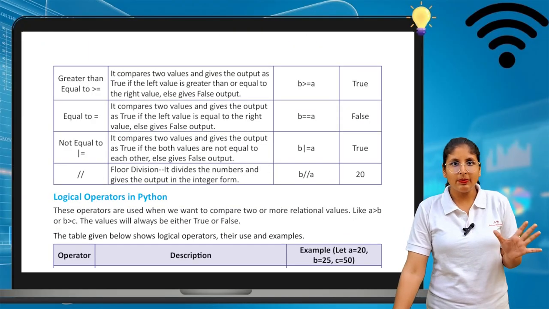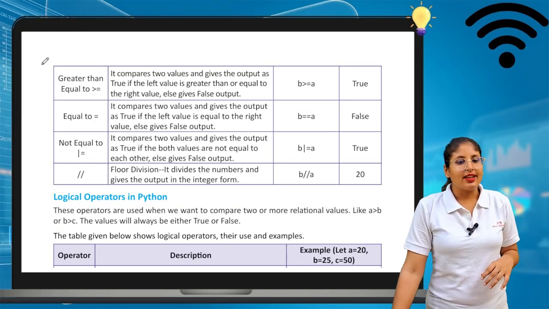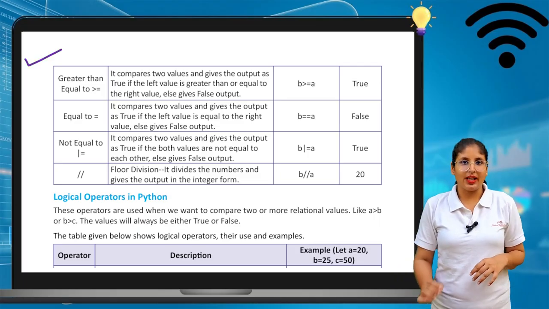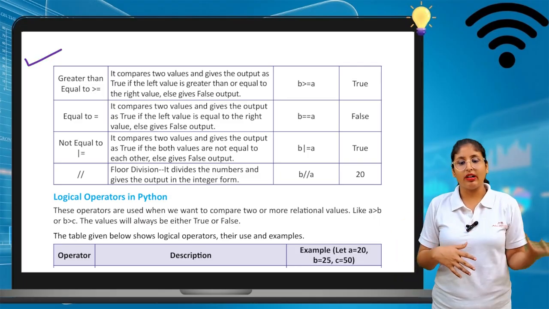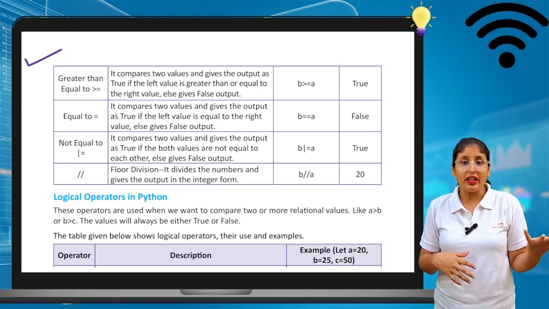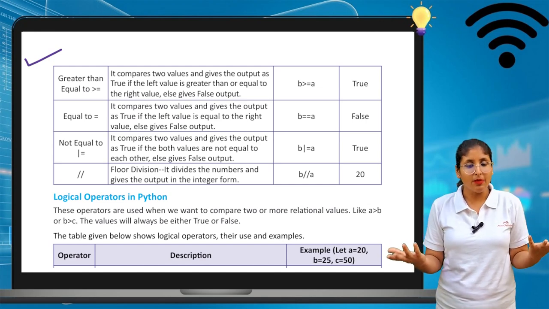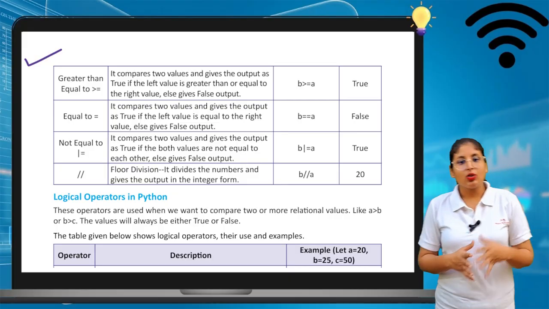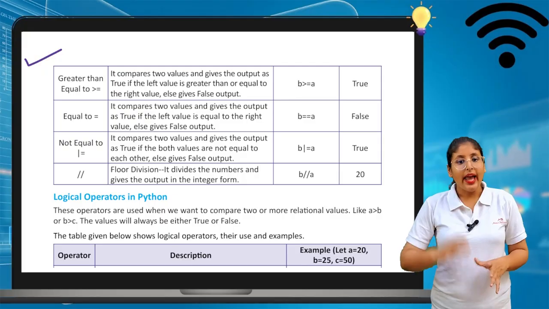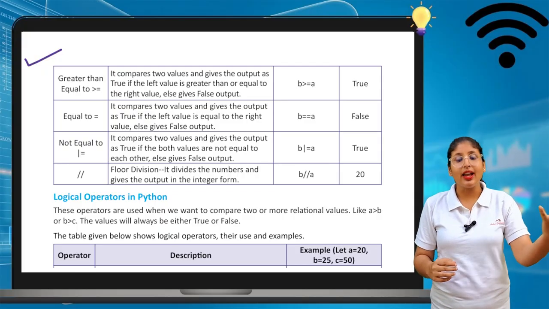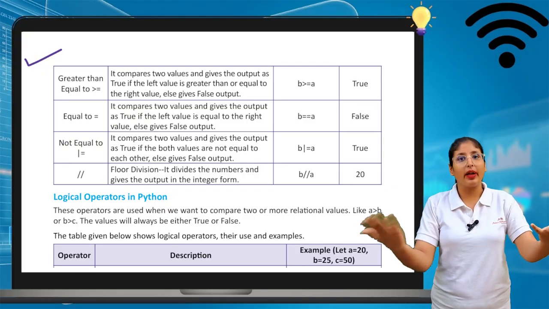Then it is clear. Now we will see the greater than or equal to sign. Your left hand side should be greater than the right hand side, or we can say equal to. It compares two values and gives the output as true if the left value is greater than or equal to the right value.